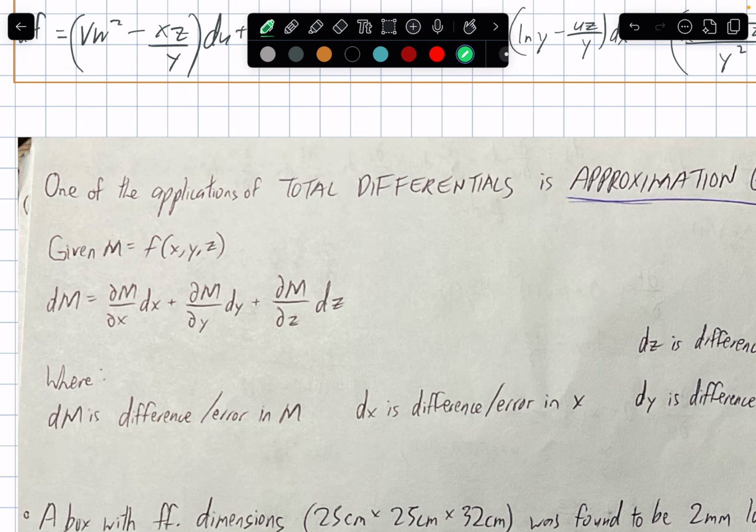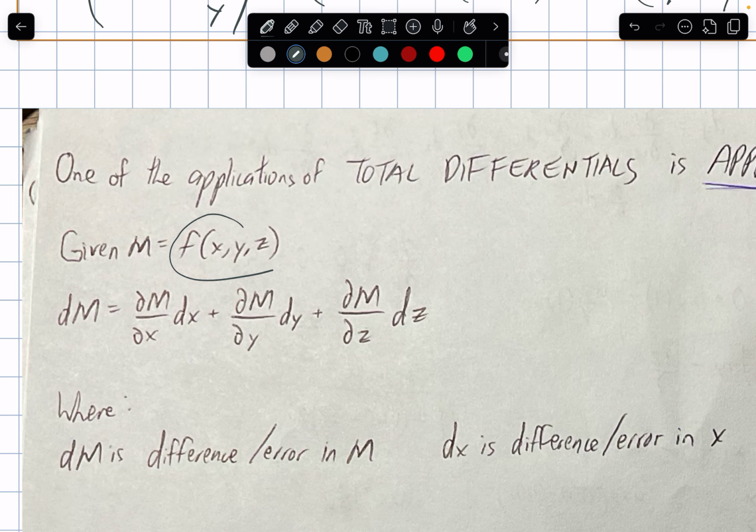Provided that we have m is equal to f of x, y, z, basing on the formula on total differentials, dm is equal to partial m over partial x, the first variable, times dx, and then for y, partial m over partial y times dy, and then partial m over partial z times dz, z as the third variable. So this is how the typical formula would look like.